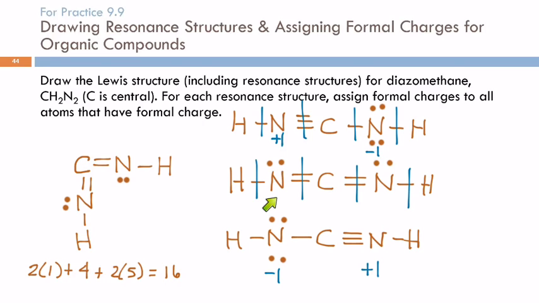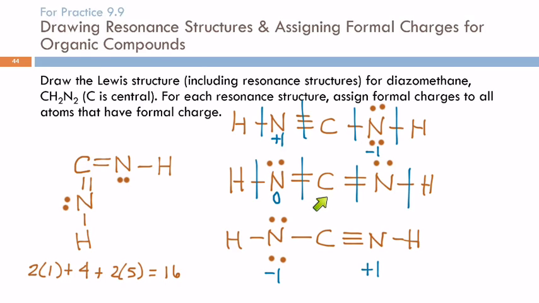This nitrogen has 5 valence electrons. How many does it get in the breakup of the molecule? It gets 5. It has 3 from the breakup of the bonds, plus 2 for the lone pair. So 5 minus 5 is 0. I'm just going to write the 0 there for emphasis. How about this carbon? 0.